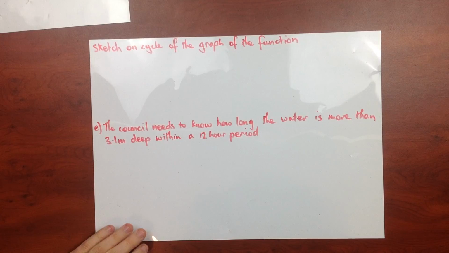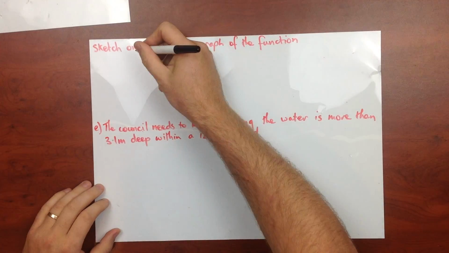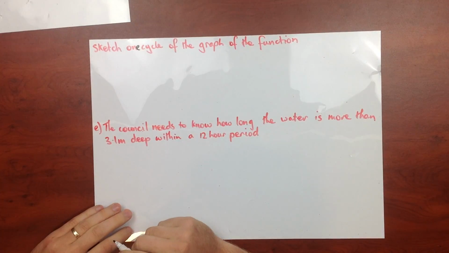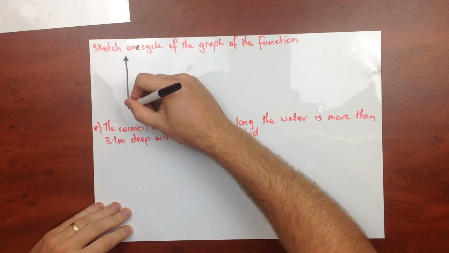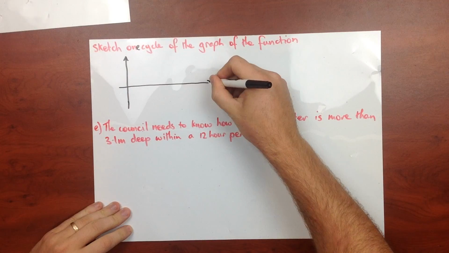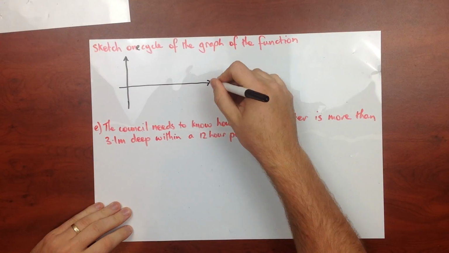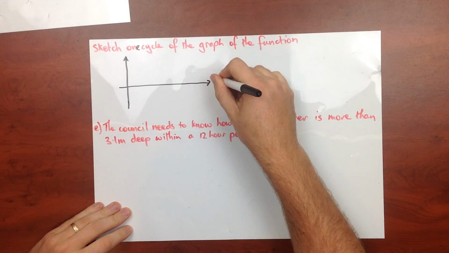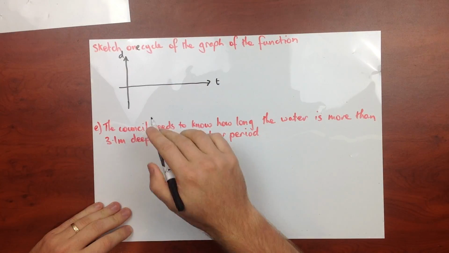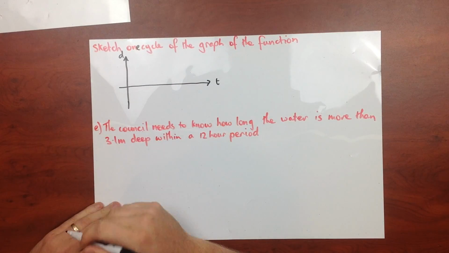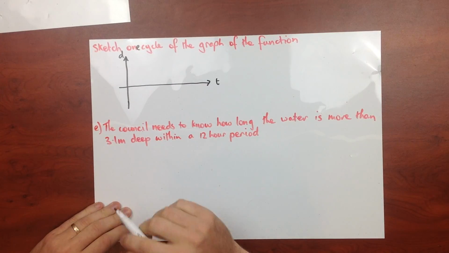The next part they want us to sketch one cycle of the graph of the function. So we're going to need some axes here. Remember this is our t hours and this is our depth. We don't need to start at 6 because it was 6 am, because it's t hours after 6 am.